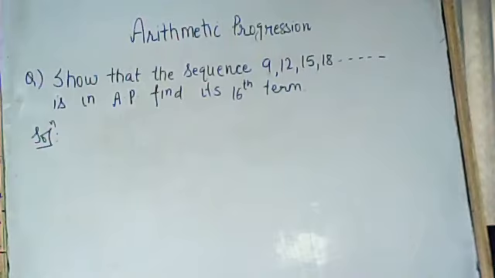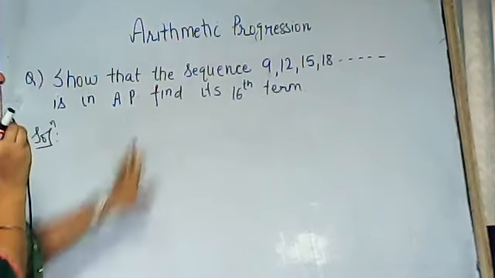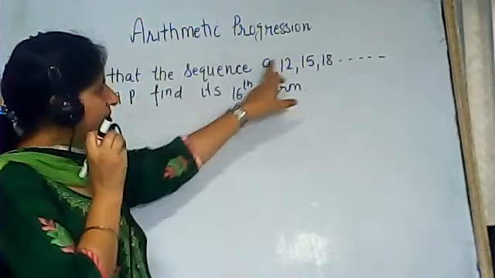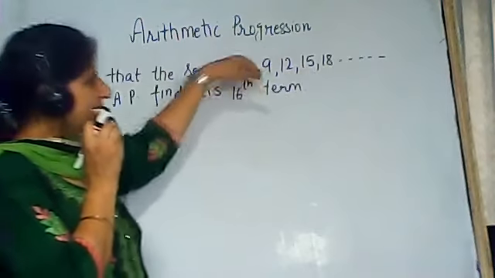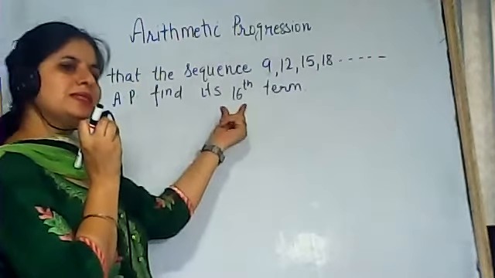It means this example consists of two parts. In the first part, we shall check whether the sequence is in AP or not. In the second part, we have to calculate its 16th term. Four terms are given and the sequence is going on.